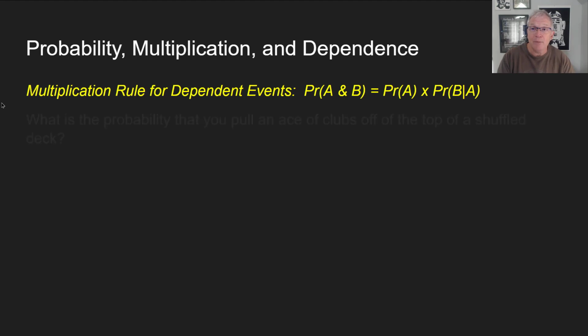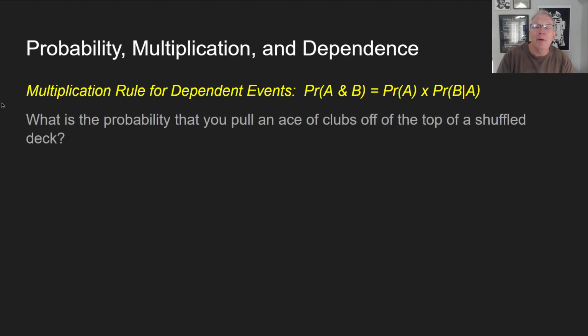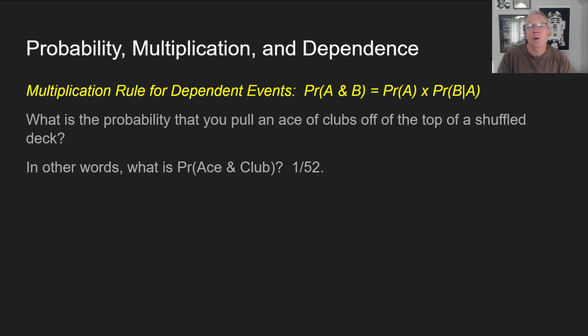Okay, so let's look at some cases. There's our rule for dependent events. What's the probability that you will pull an ace of clubs off the top of a shuffled deck? In other words, what's the probability that it's an ace and it's a club? Well, you know this. You know there's only one of those in the deck. It's 1 out of 52. But let me show you how, when we apply this rule, it gives us the right answer. And we can use it on more complicated cases that you don't just know intuitively.